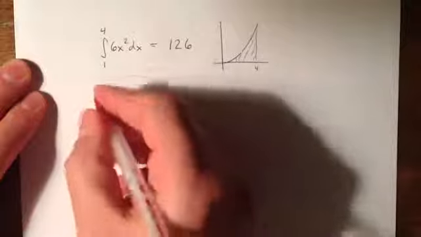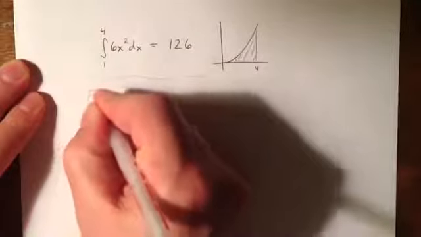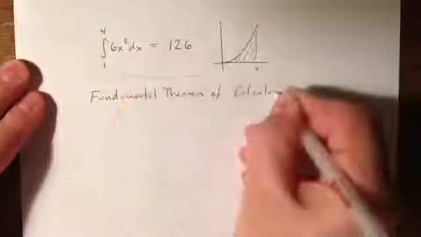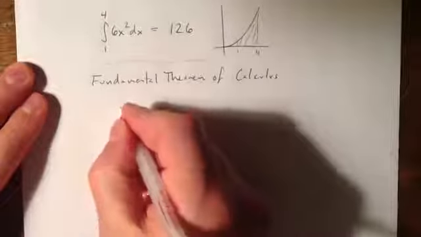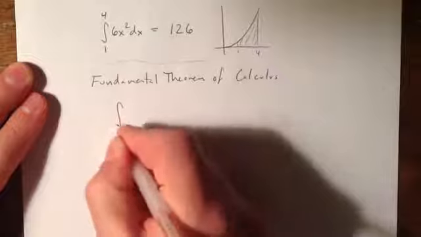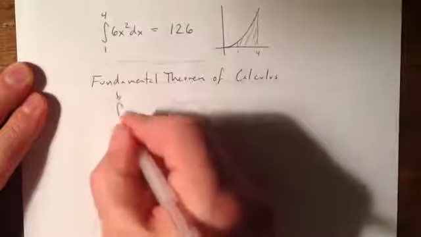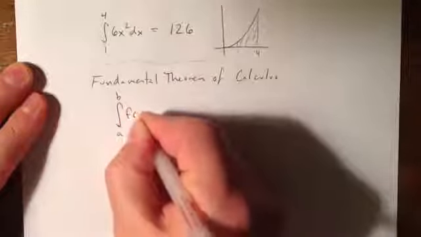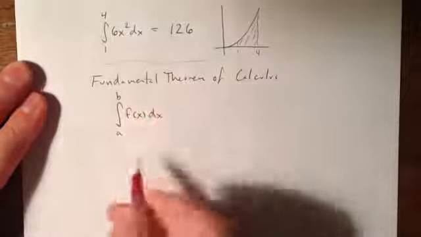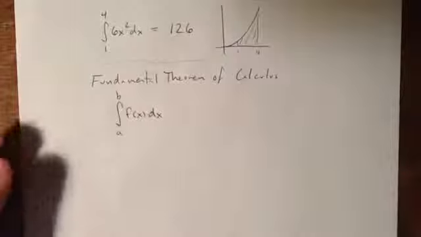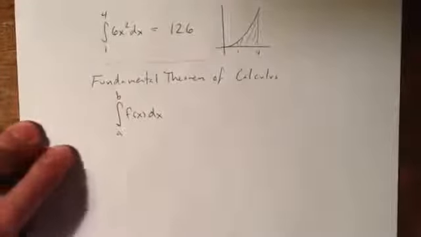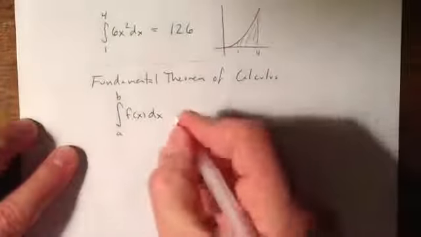More generally, this process that we just worked through is called the Fundamental Theorem of Calculus. To talk about that more generally, if we have an integral from a to b of some function f of x dx, a definite integral, this represents the area under the curve if f of x is non-negative on the interval from a to b.